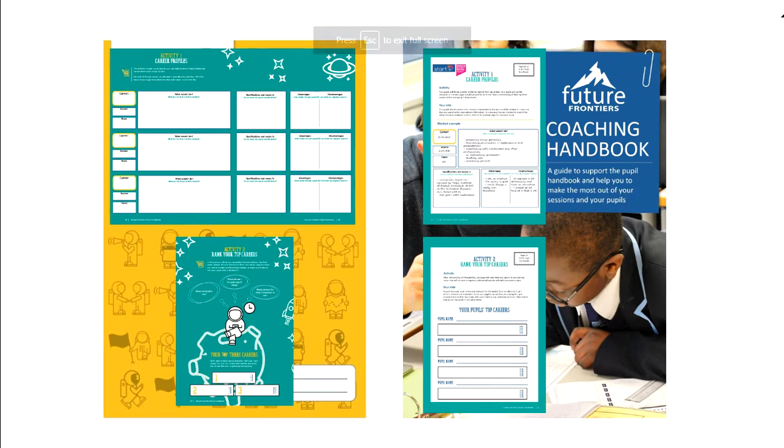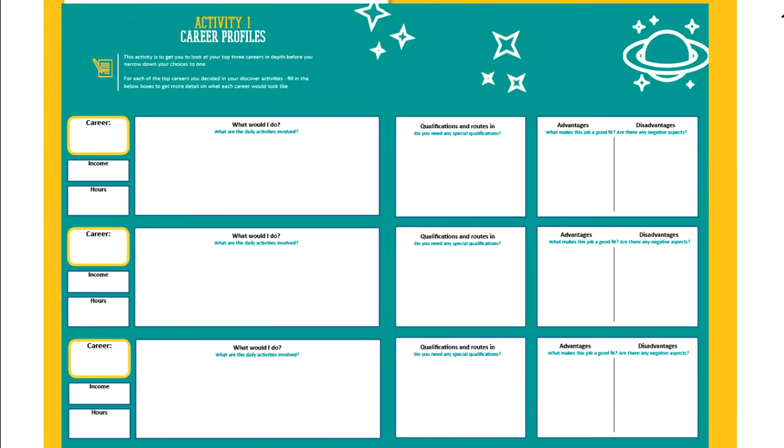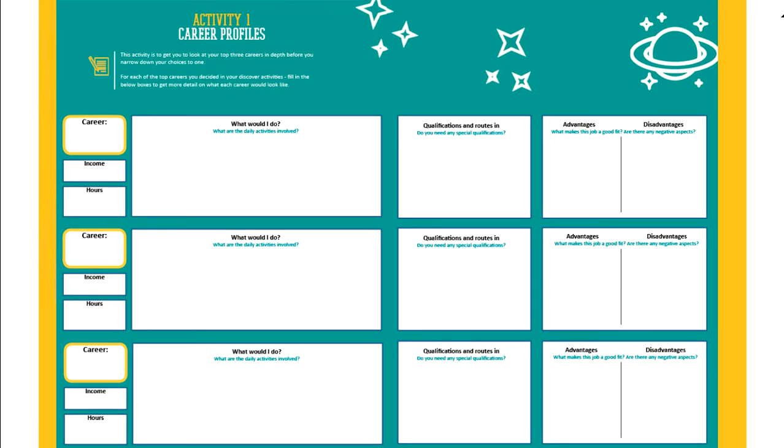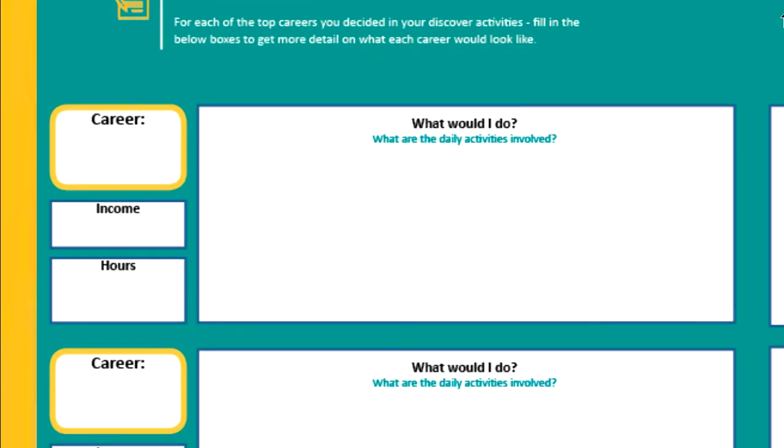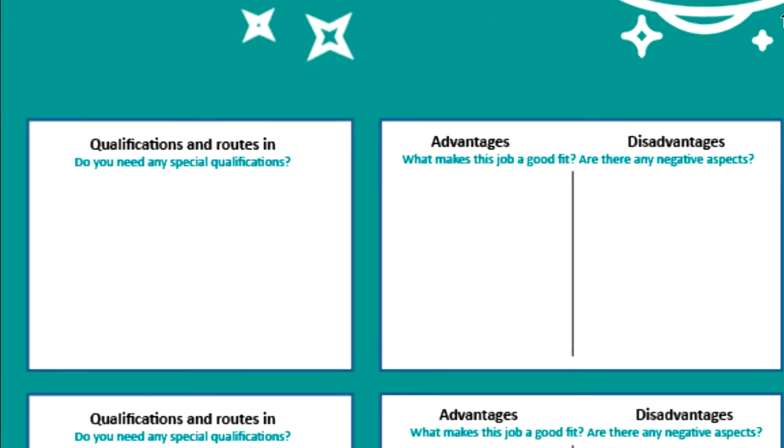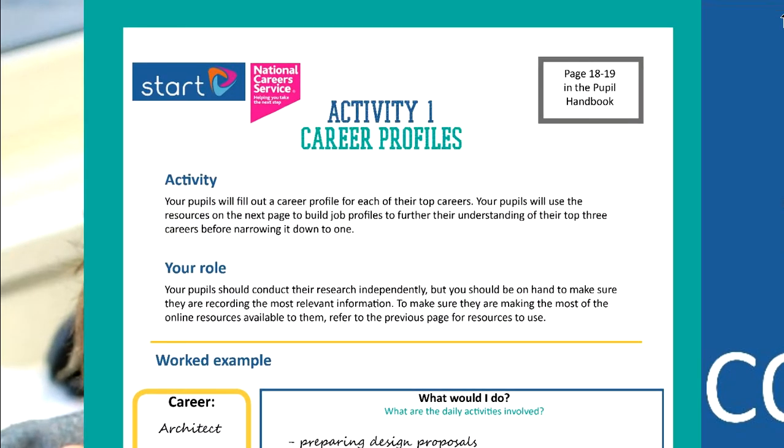The first activity in Explore is building the career profiles. Each of your pupils will need to do this for 3 different careers. The first thing you look at is the income and the hours, what the daily activities might be, and then the qualifications, routes in, and advantages and disadvantages. In your corresponding coach handbook, you'll see a really clear example.